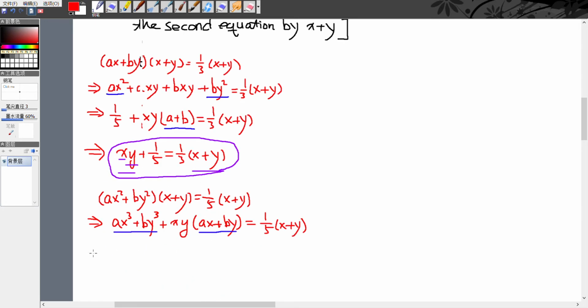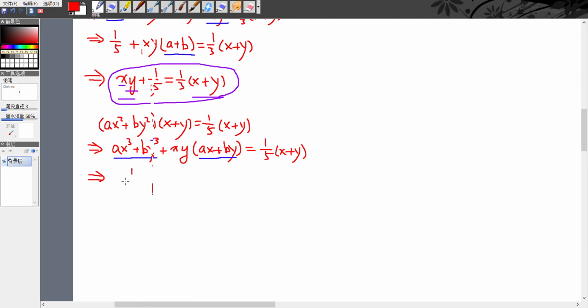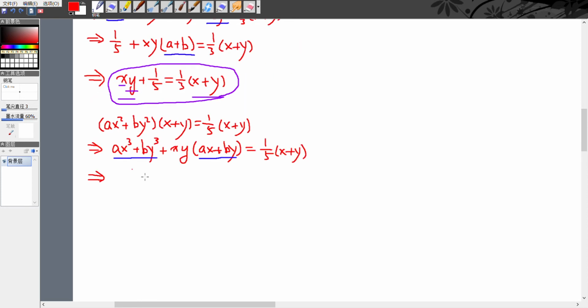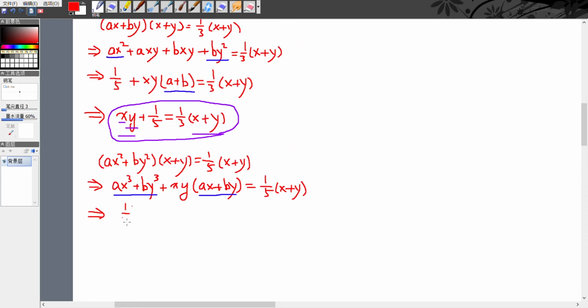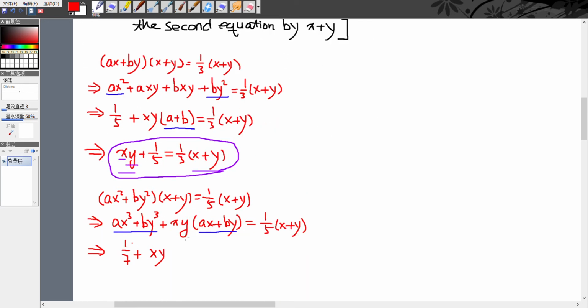So it will be 1 over 7 plus xy times 1 over 3 equals 1 over 5 times x plus y.